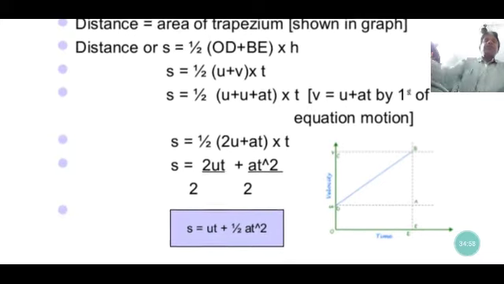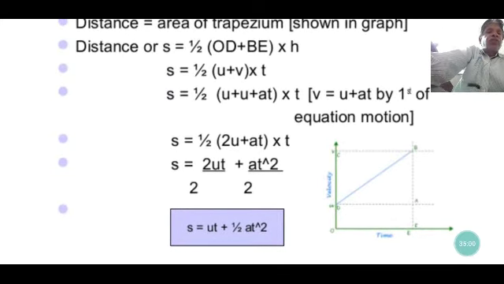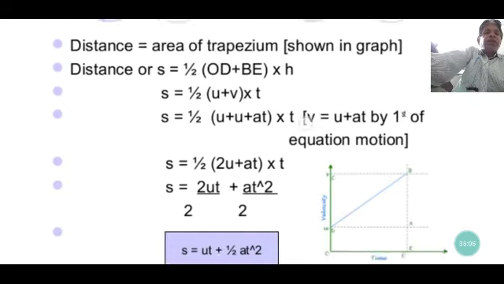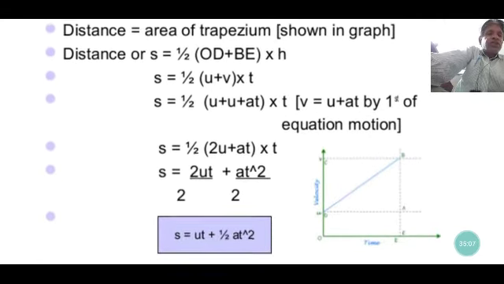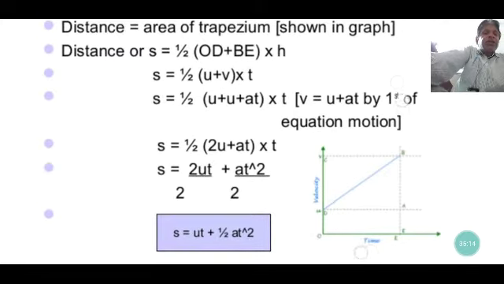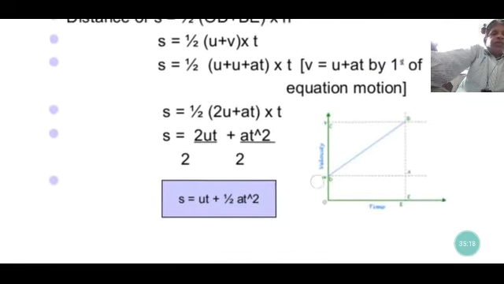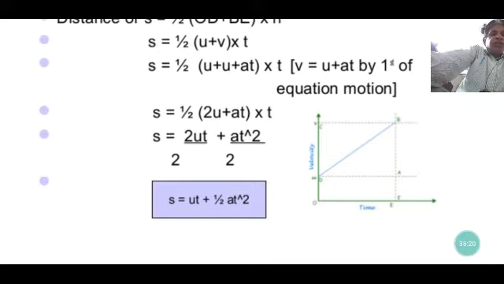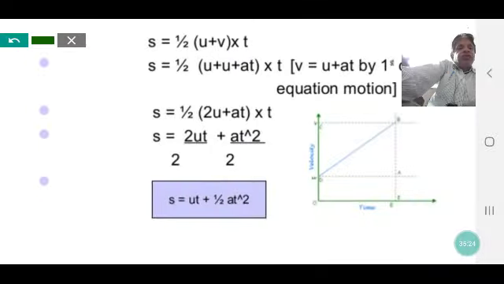Now displacement s is equal to the area under the velocity-time graph. How can you find it? The area under the velocity-time graph is shown by the area of a trapezium. Here it is a trapezium. If we find the area of the trapezium, we get the value of the distance covered, the displacement covered.